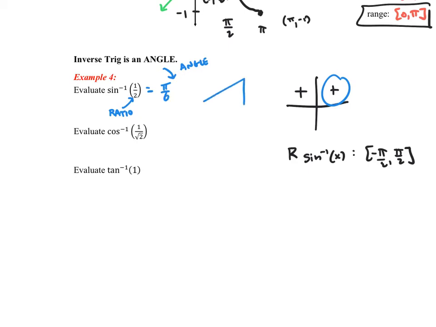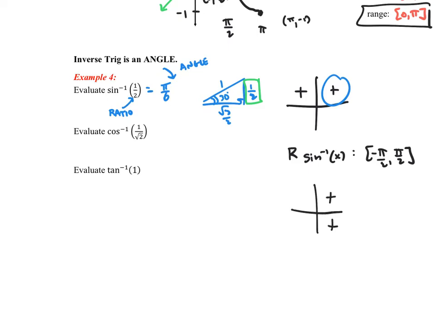All right, if I look at this unit circle special right triangle, if this is a 30, then I get a 1/2, and a 1 and a root 3 over 2. So I can see that my y value, which is equivalent to the sine, is 1/2. Therefore, pi over 6 is equivalent to 30 degrees, and that's our answer. Okay, inverse cosine. The cosine is positive. Where's the cosine positive?